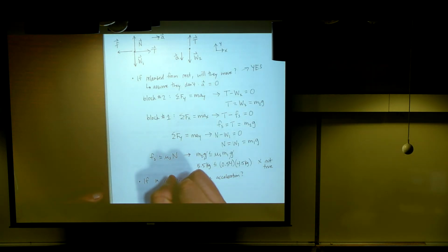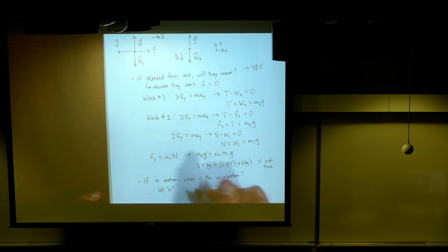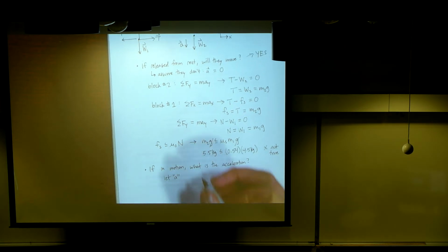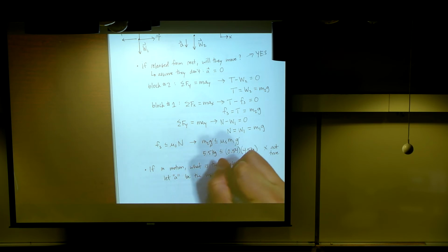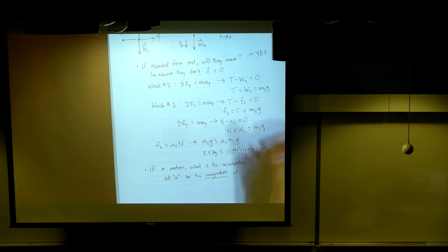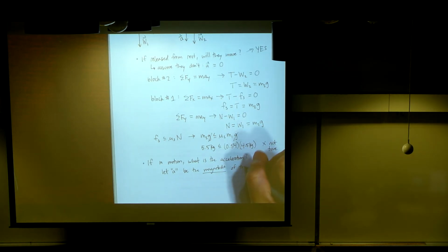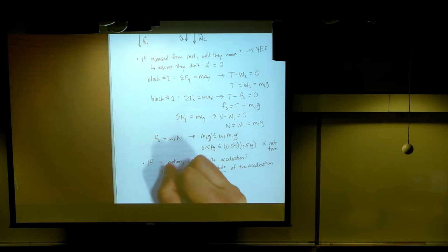So in our equations, if I ever use just the variable a, we're going to let a be the magnitude of the acceleration for both blocks. Because they have to accelerate together. Right?